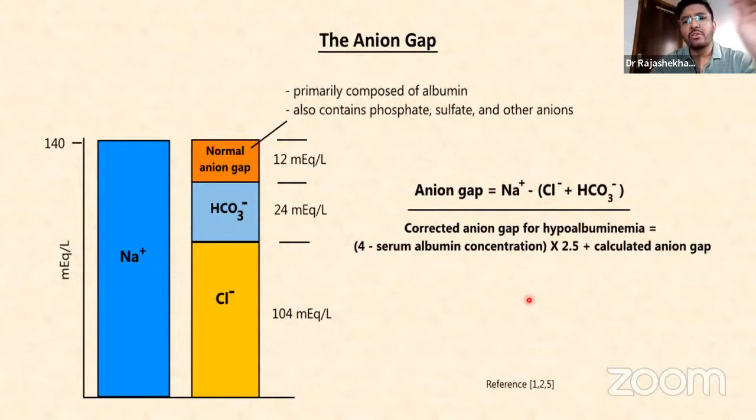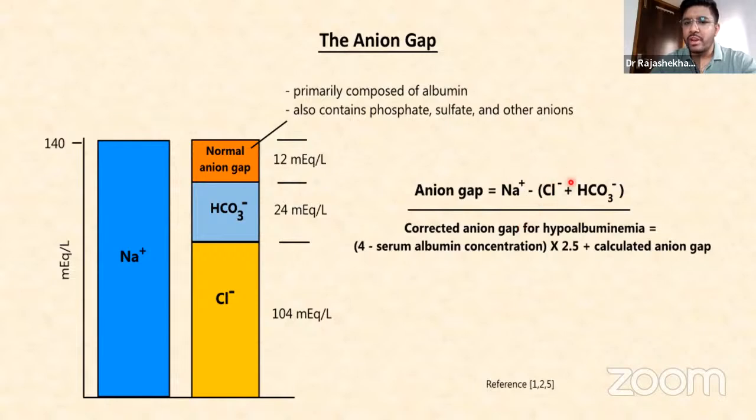Whereas if you see European books like British ones, they have potassium included. This won't change the approach, the differential diagnosis or the anion gap interpretation. It remains the same. But for all practical purposes, we are using the American approach here.